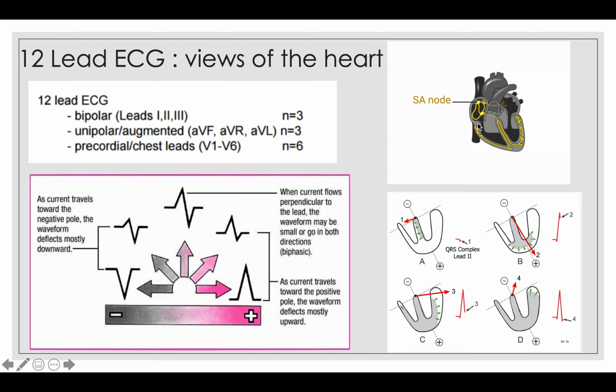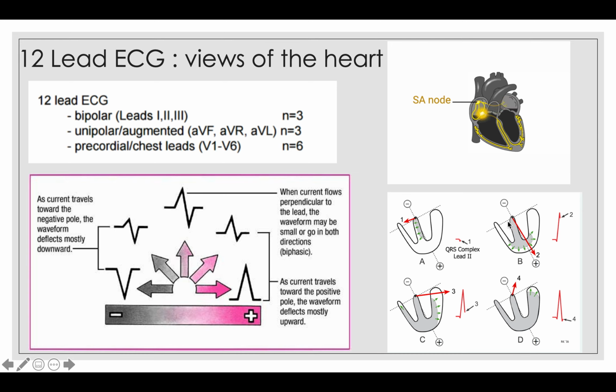So initially when the electrical impulse is coming down, it goes down the bundle of His to either side, the left and right bundle branches in the septum, and then there's a greater electrical influence on the right side initially. So there is a negative deflection, i.e. the Q wave. That's why, since it's going in the negative direction, the Q wave usually starts with a small negative deflection.